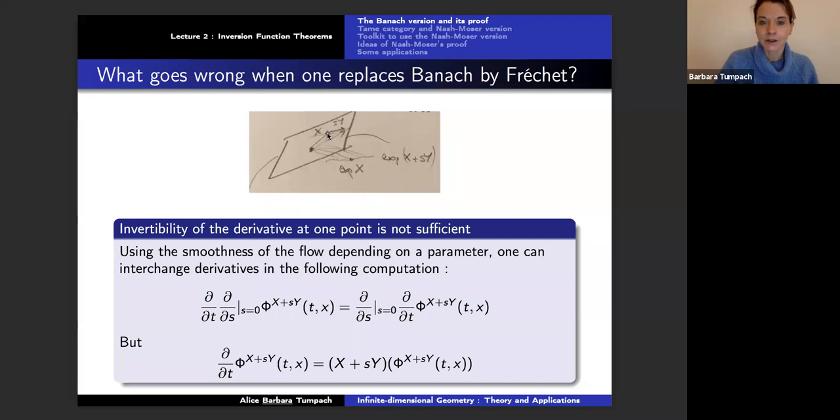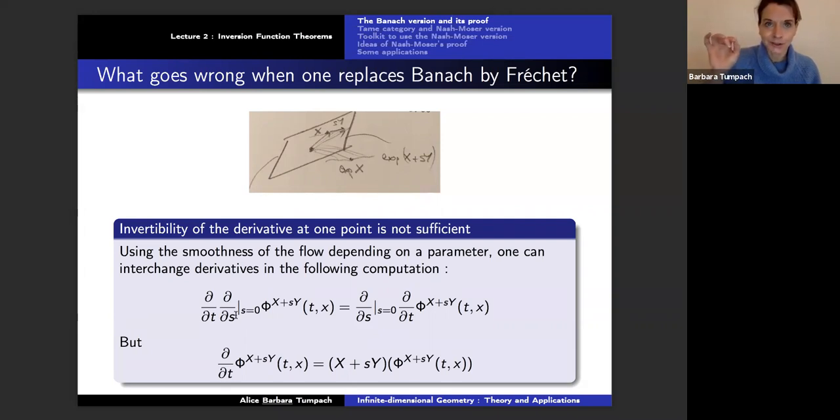So we take some perturbation and we see where this exponential map maps this perturbation, and we differentiate. More precisely, we take the flow of x plus a perturbation sy. This is a flow. And we have to differentiate with respect to s, so we make a variation of x.